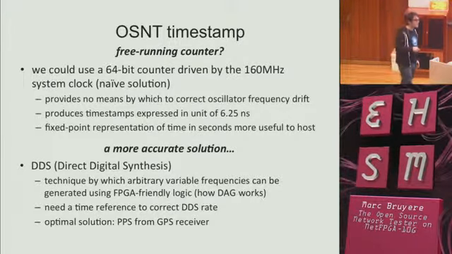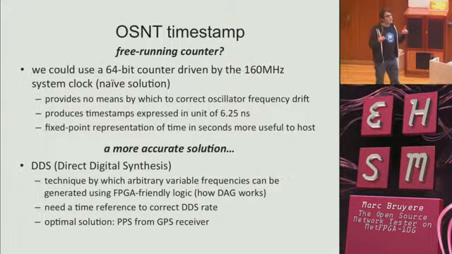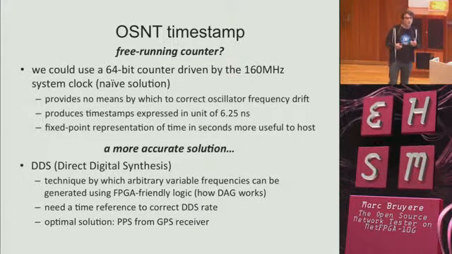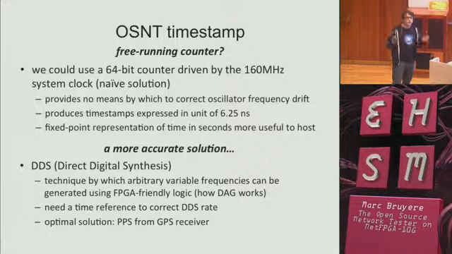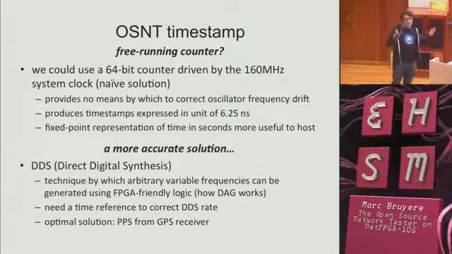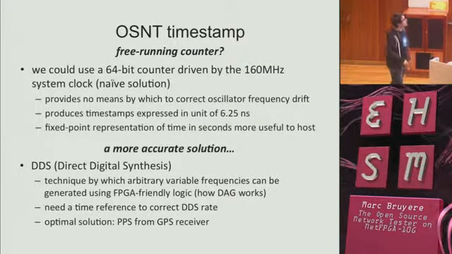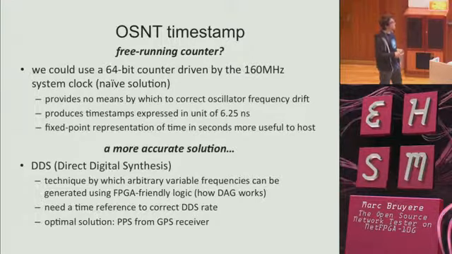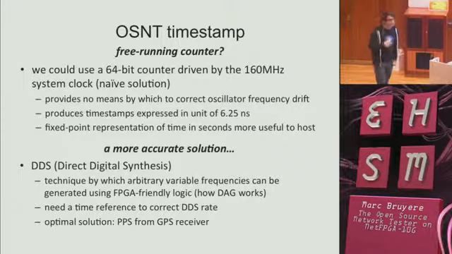So we decided to use direct digital synthesis, which needs GPS synchronization or whatever other synchronization, or a 1 PPS, one pulse per second, of high precision all the time. It slows down the counter a little bit, or accelerates it, to keep the synchronization and avoid the drift caused by temperature changes on the clock and other things like this.